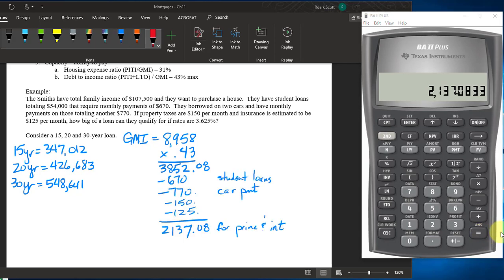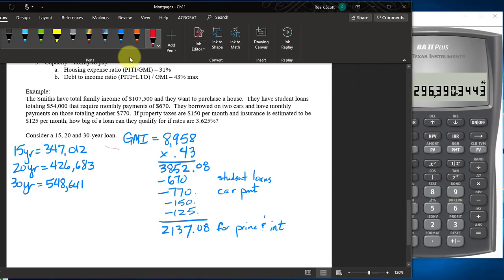If $2,137.08 is the maximum payment, I do my negative sign here to change that to the payment. Again, we'll start with the 15 years, so that's going to be 180 periods. We didn't change anything about the interest rate, so I can just recompute the loan amount, and in this case it drops down to $296,390.